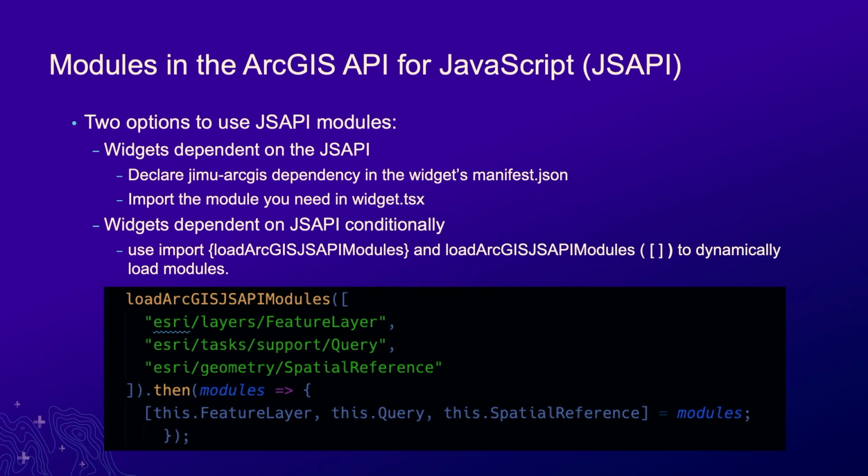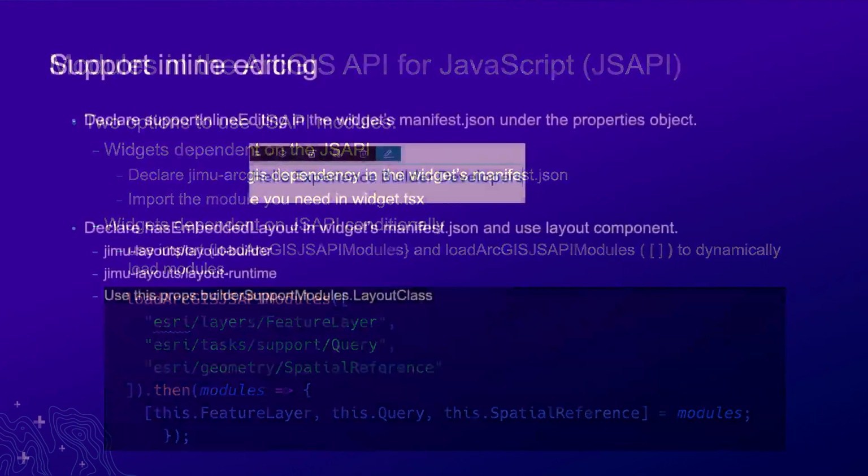Widgets that depend on the JS API conditionally, for example, you could do something without the JS API. You would use import, load ArcGIS API modules, and then you could load the JS API modules dynamically.